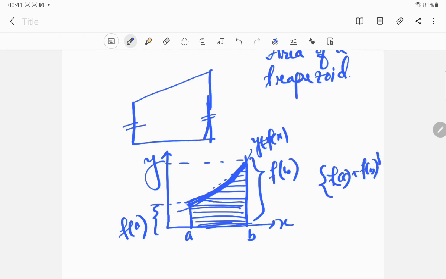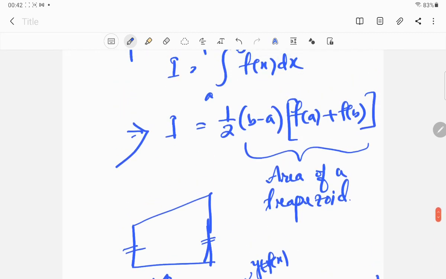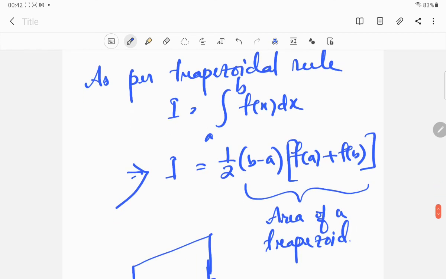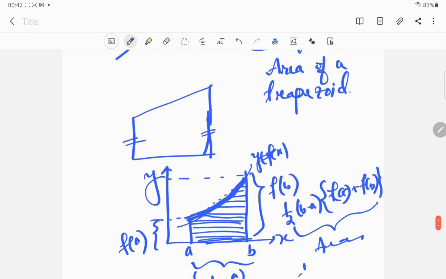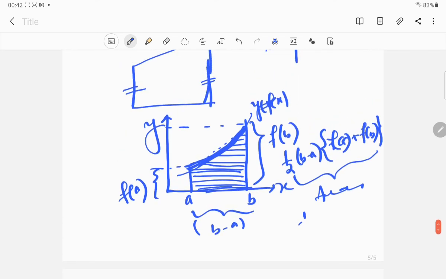Okay, and half into, then it is nothing but b minus a. So this is nothing but the area of a trapezoid. So trapezoidal rule says that integration of a function from a to b is nothing but the area covered under that curve y equal to f(x), okay, and the x-axis. So that's all about trapezoidal rule for numerical differentiation.